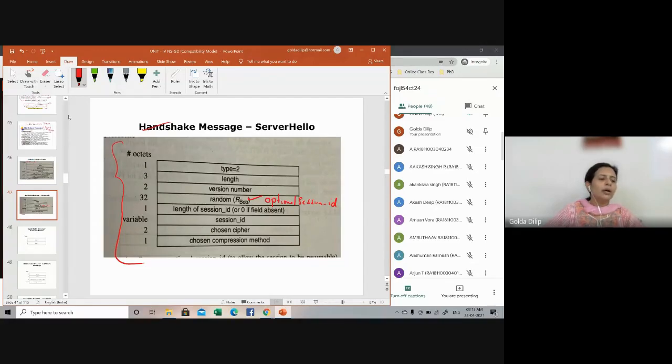In this example, everywhere we mention it as Bob and Alice. What is Bob's choice of cipher and the compression method? That is being specified here, on the server side.